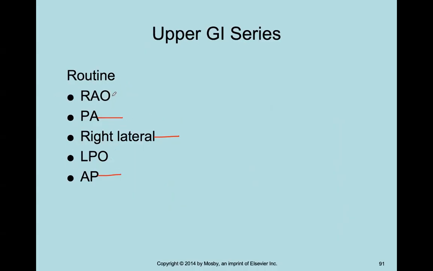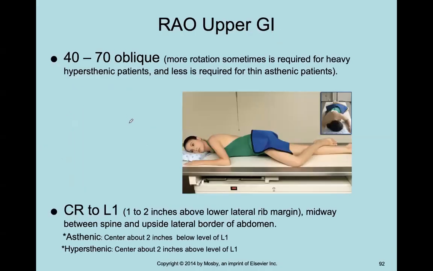So we only have one anterior oblique and we only have one posterior oblique. Okay, let's go through them. Let's start with the RAO. The obliquity is 40 to 70 degrees. More rotation is sometimes required for heavier hypersthenic patients and less for asthenic patients.